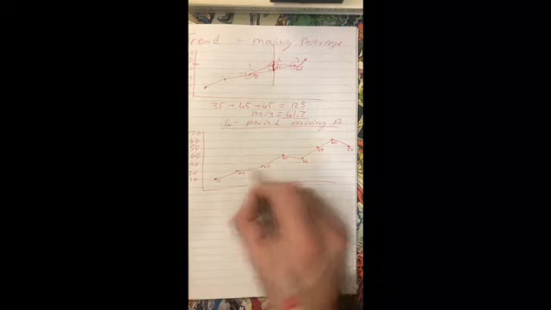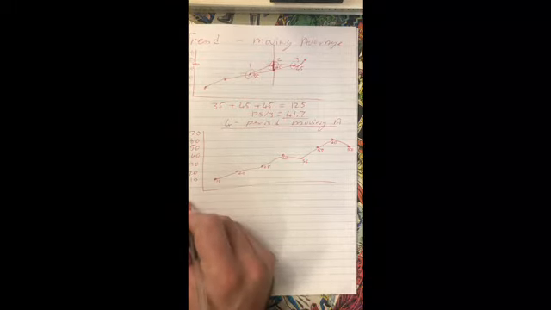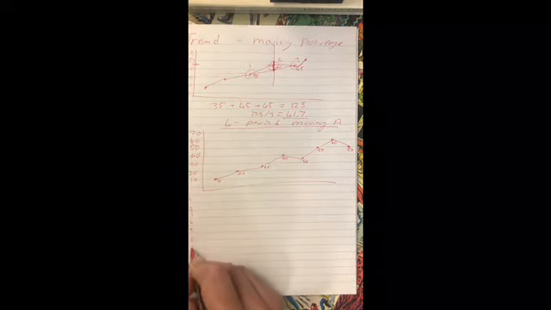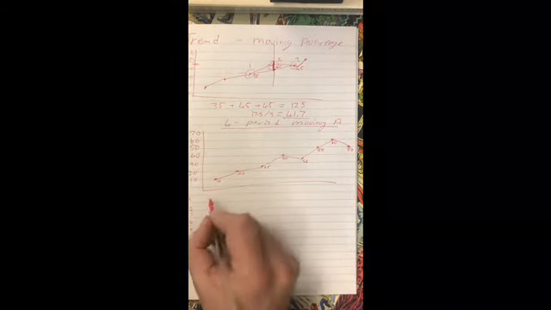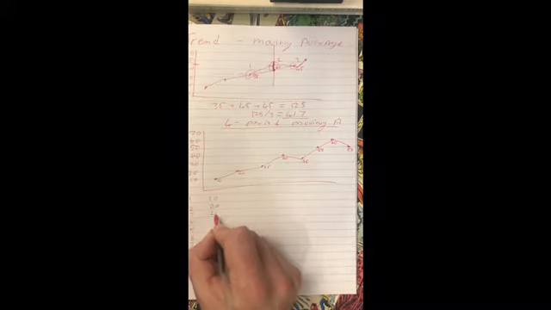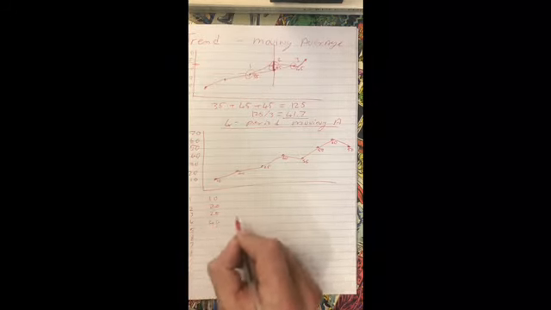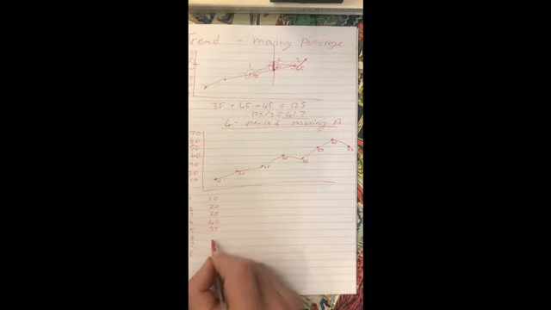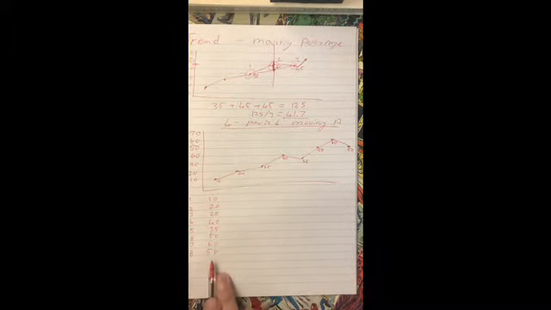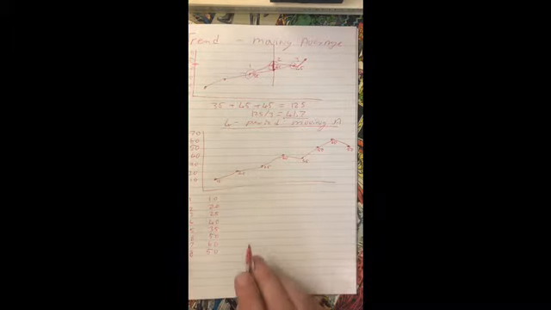So let's just jot this down: your periods 3, 4, 5, 6, 7, and 8, and that is 10, 20, 25, 40, 35, 50, 60, and 50. You'll see these values and those values correspond.